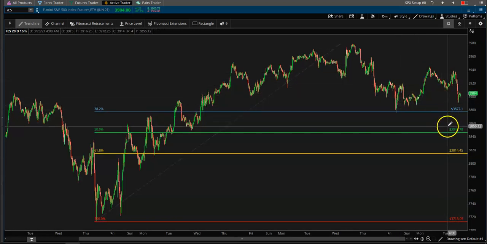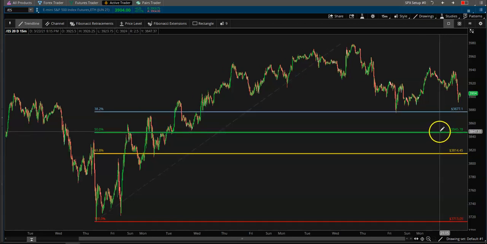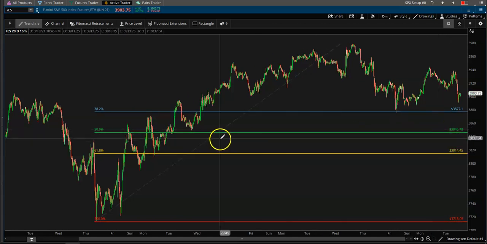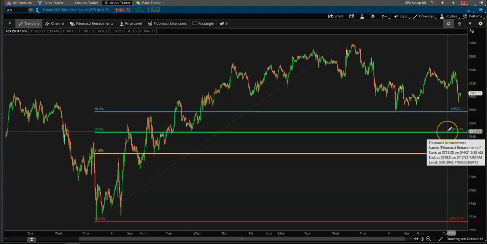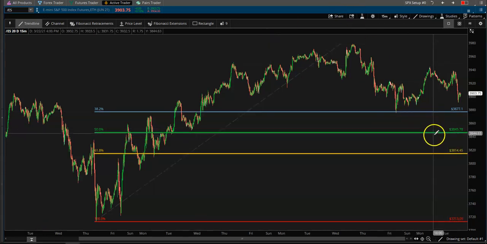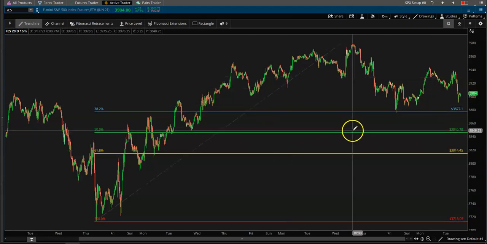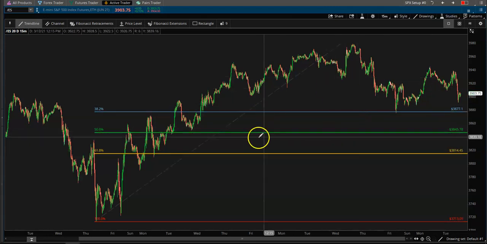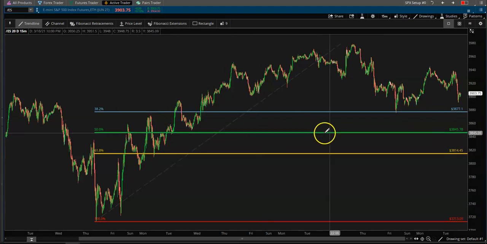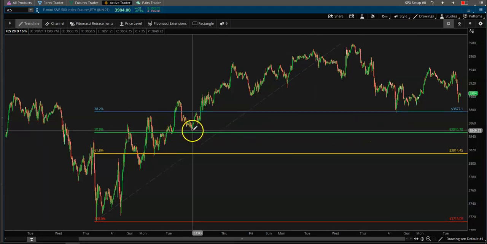Now, if we fail and we start to come down here some more, okay, I like this 50% level, because 50% is a very, very good type of trade, especially the longer the trend, the more secure the bounce will be, right? And same thing. What's down here? Well, we have a swing low here.